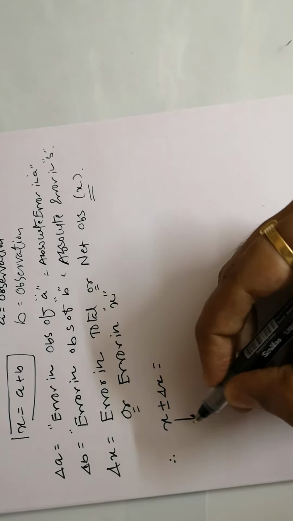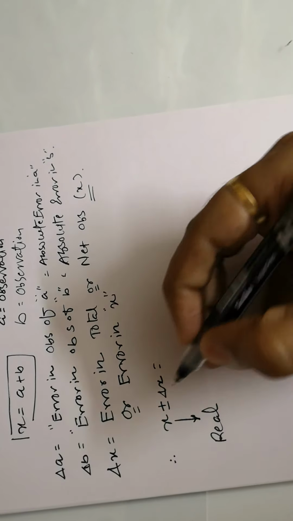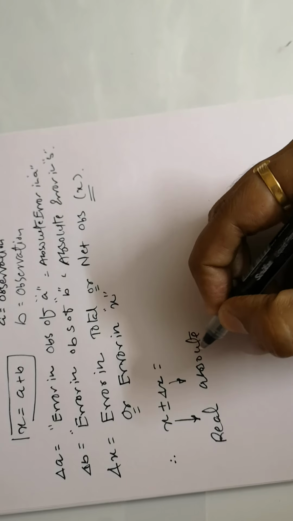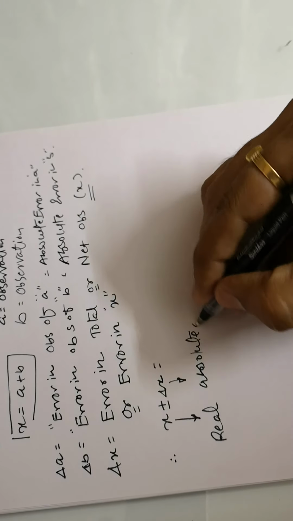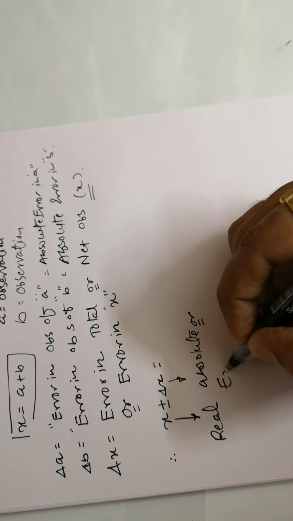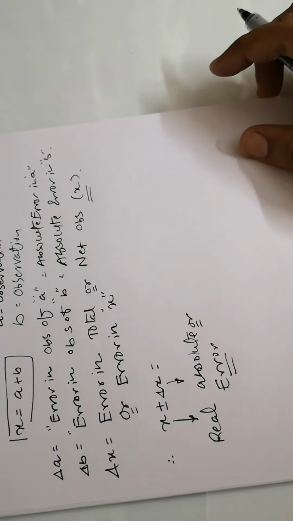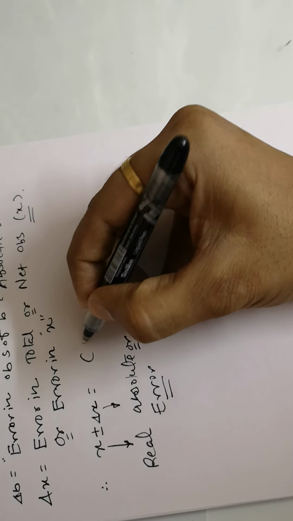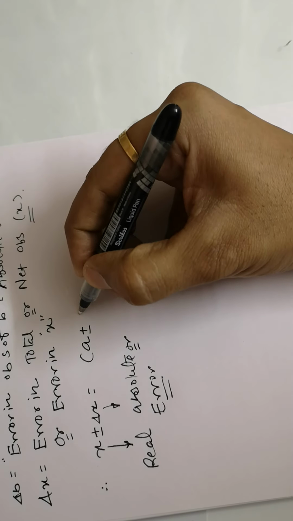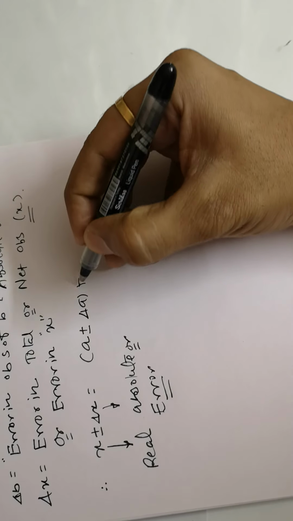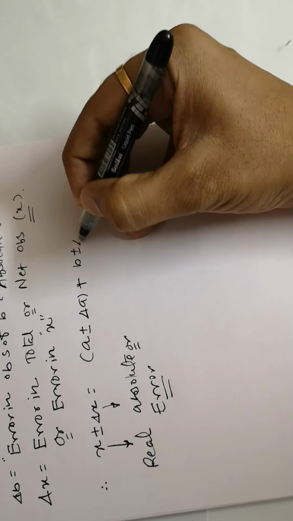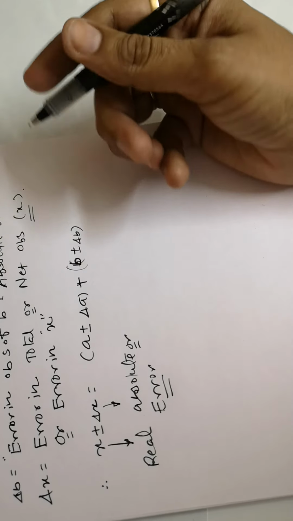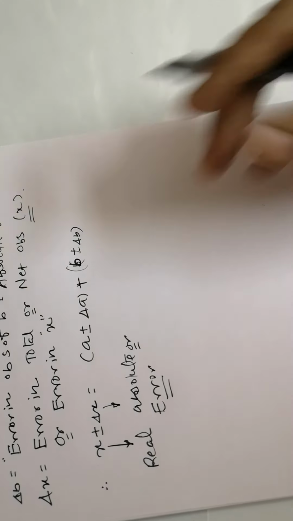Always remember that the very first one is the real observation and the next one is called the absolute, or error part. So these are always notated as x plus or minus delta x. So first of all, a plus or minus delta a, and b plus or minus delta b. So these are the things we have to mention, the error in a and the error in b.